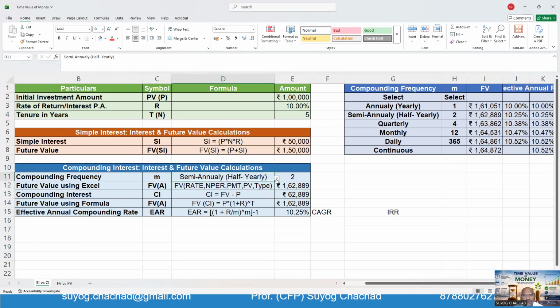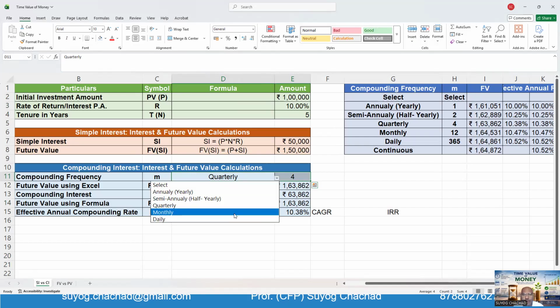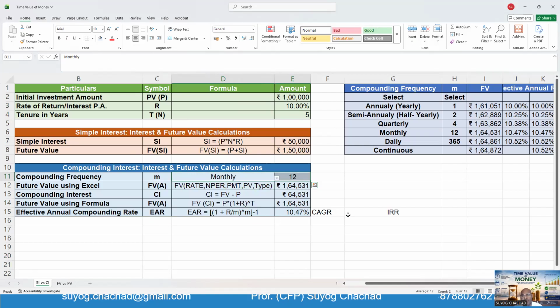If you change it to quarterly compounding, again you will get some additional amount, because as your compounding frequency increases, your final value also increases. The maximum compounding frequency I can show here is monthly or even daily. When you go for monthly compounding, your final amount will be 1,64,000.